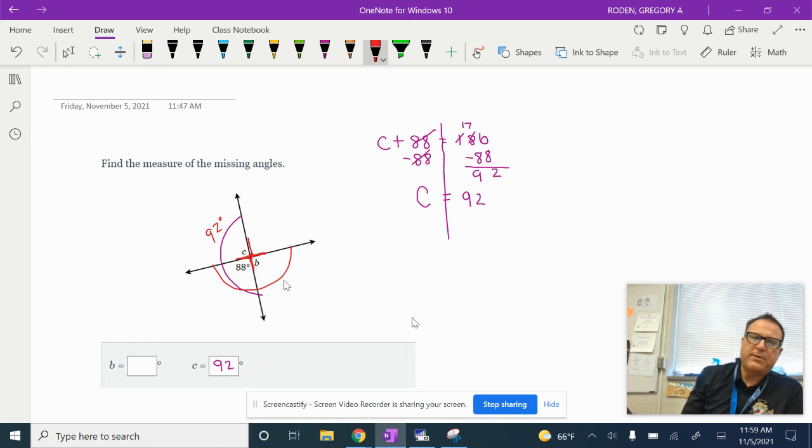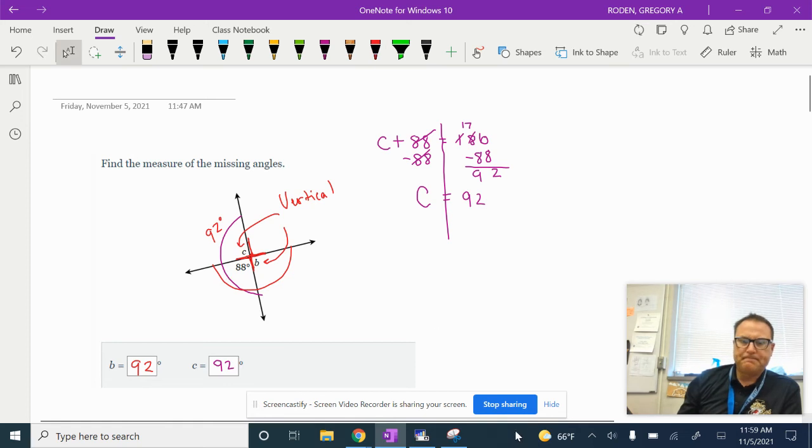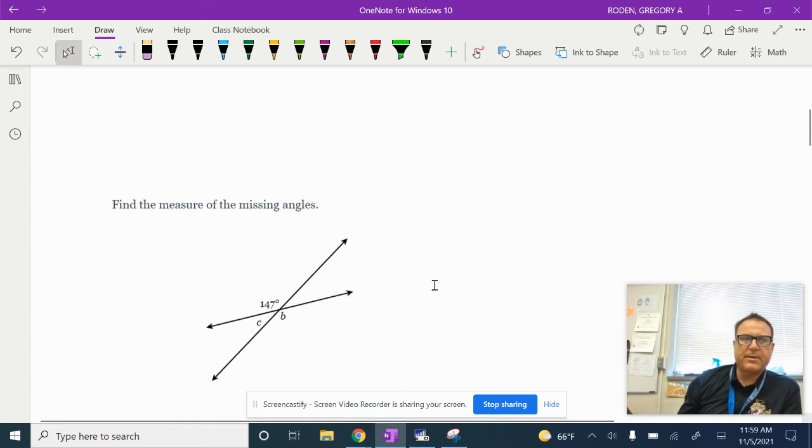When angles are vertical and point to each other, let me write that down. Vertical. These are vertical angles right here. Vertical angles are always equal. So if C is 92 degrees, B would also have to be 92 degrees because they are vertical. So I'm done. All right, next problem here.